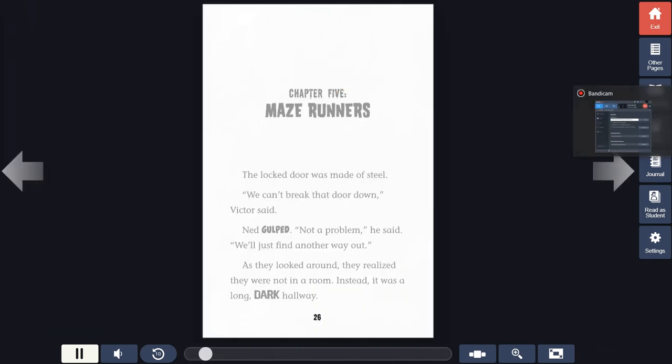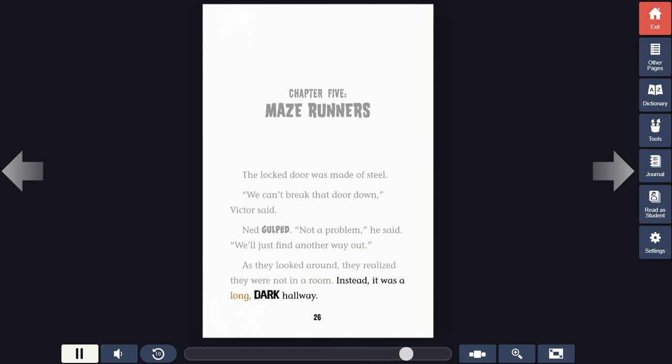Chapter 5. Maze Runners. The locked door was made of steel. "We can't break that door down," Victor said. Ned gulped. "Not a problem," he said. "We'll just find another way out." As they looked around, they realized they were not in a room.